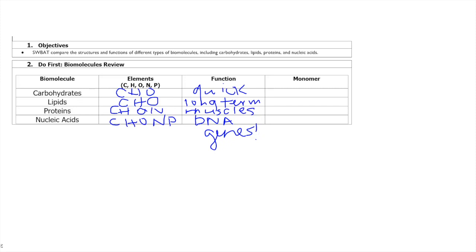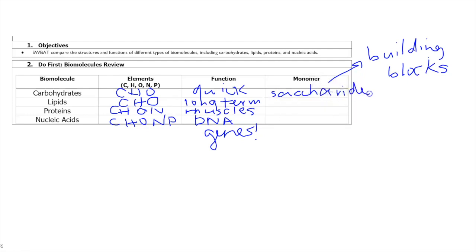Okay. The monomers, these are the building blocks. Everyone write building blocks next to monomer. For carbohydrates, these are your saccharides. Sometimes you'll refer to them as mono or poly. Remember, poly means many, mono means one.